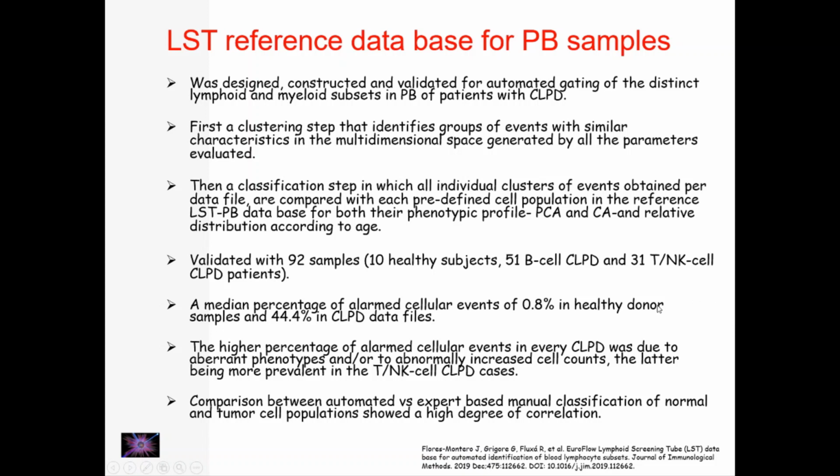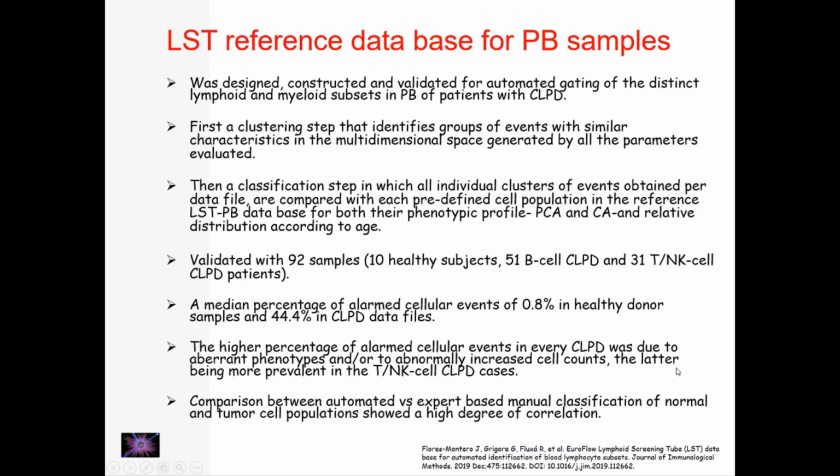So it is completely different to have a normal sample as compared to a sample that has tumor cells in it. The higher percentage of alarmed cellular events in every CLPD was due to aberrant phenotypes and or to abnormally increased cell counts.